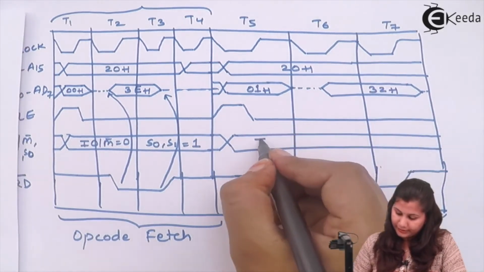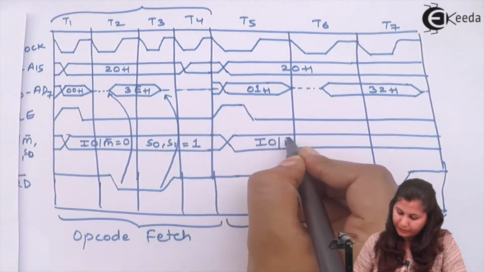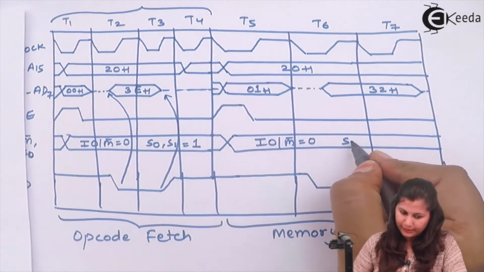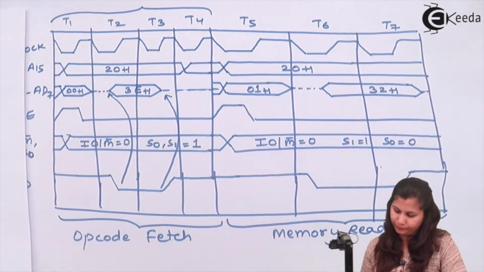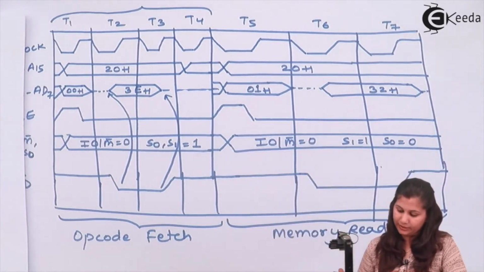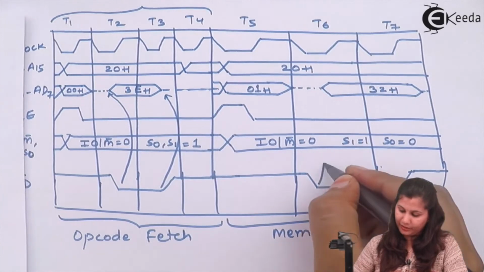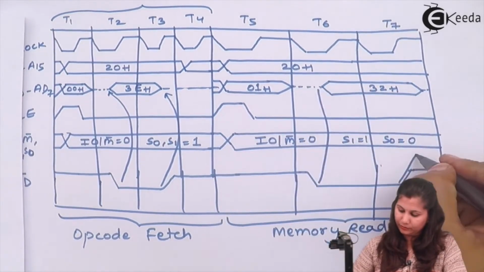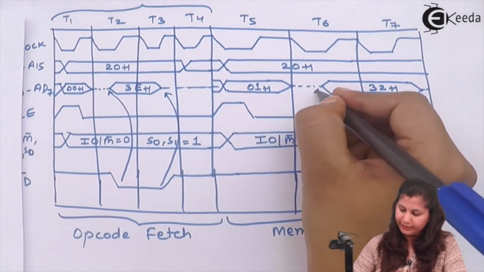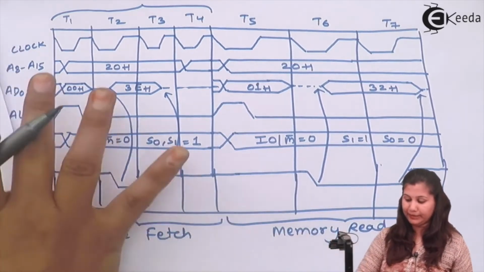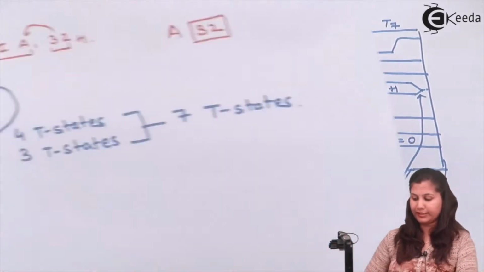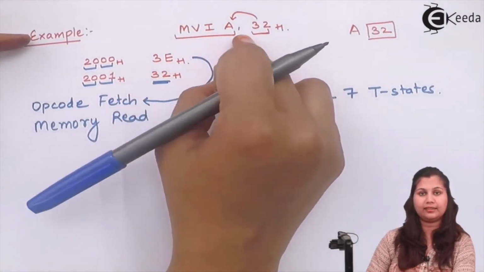Then the input output and memory signal will be 0, S1 is 1 and S0 is 0 because it's a memory read machine cycle. Again we have the read signal as 0, indicating that it's a read operation.